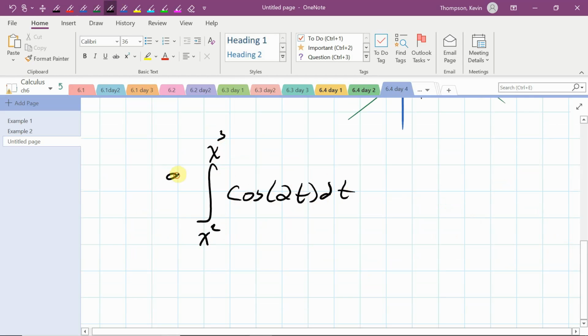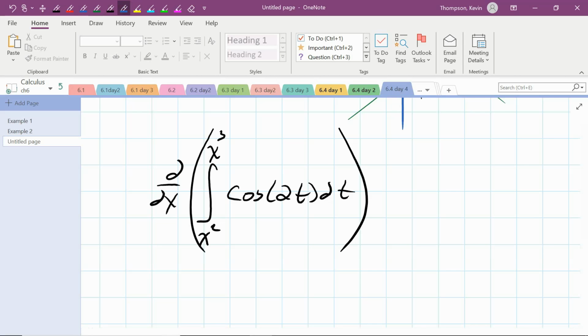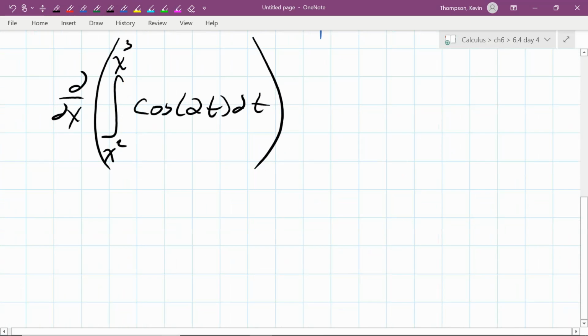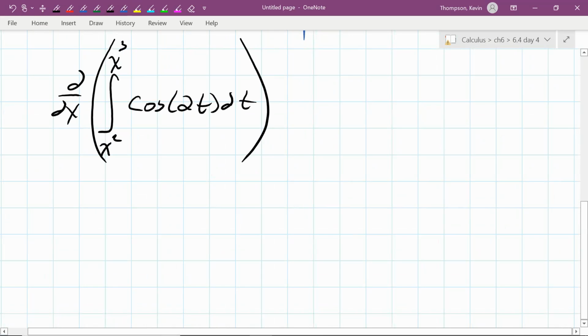And we are taking the derivative of that. Okay. Yes? What you got? Okay, so what if that was like a 1?